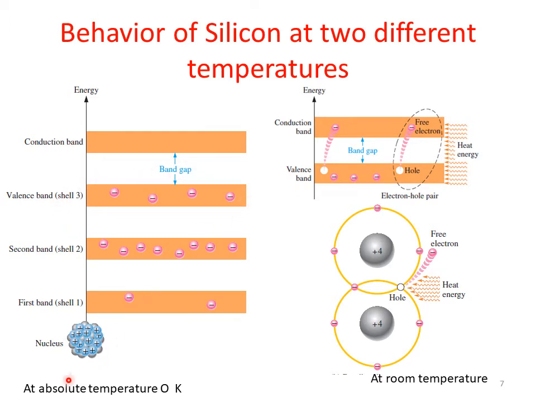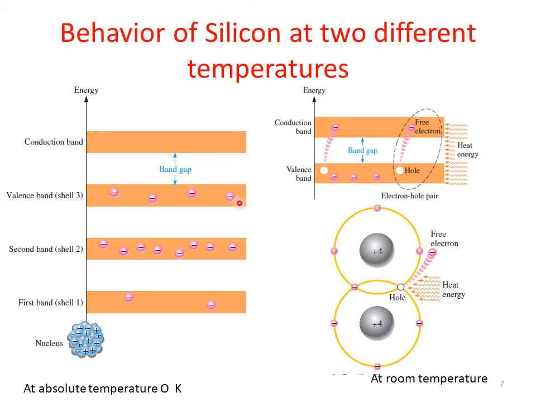Now the question is, is this temperature reachable? Has someone ever reached this temperature? No. So this means that if this temperature cannot be reached, then the behavior which says that all the electrons will be stably sitting in the valence band is also not possible. ना तो एब्सोल्यूट टेम्परेचर पॉसिबल है, और जब एब्सोल्यूट टेम्परेचर पॉसिबल नहीं है तो ये भी पॉसिबल नहीं है कि तमाम इलेक्ट्रॉन्स खामोशी से वैलेंस बैंड में स्टेबल होकर बैठे रहें.